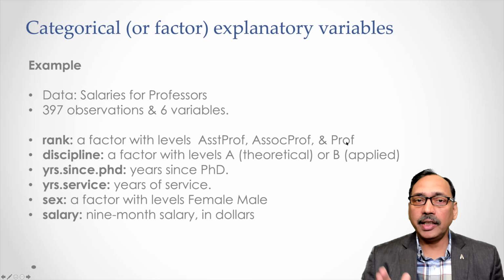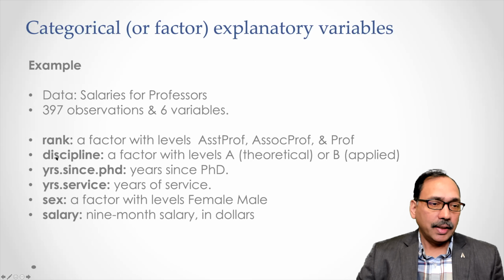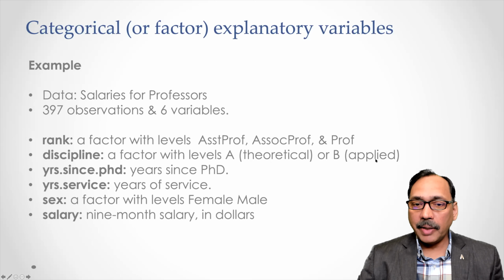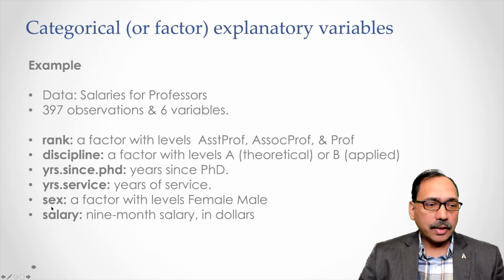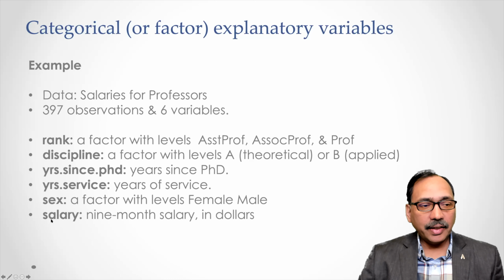So there are 3 different levels. Similarly, discipline, whether somebody has a theoretical background or if the discipline of this professor is applied. Years since PhD and years in service are obviously continuous variables. Sex or gender is again a factor variable with male and female as levels. And salary here is the response variable.